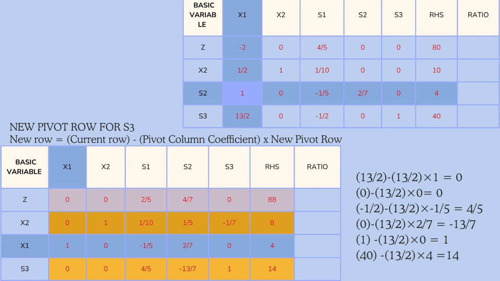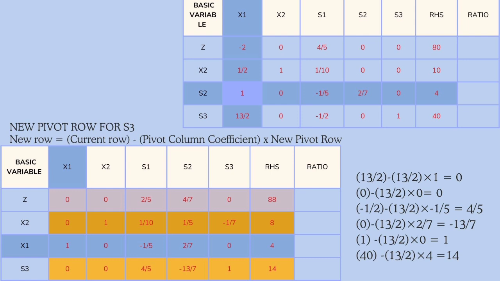Then, ang pivot column coefficient niya is yung 13 over 2. Then, ang new pivot row niya is yung 1, 0, negative 1 over 5, 2 over 7, 0, 4. So, let's start. First, automatic 0.